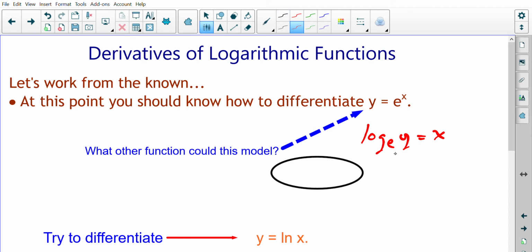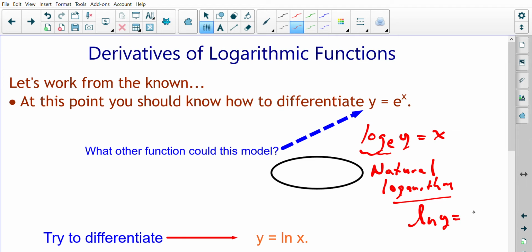Well, log base e actually has a special name. It's called natural logarithm. Natural logarithm simply means log base e, and it has the notation ln, so ln y equals x.